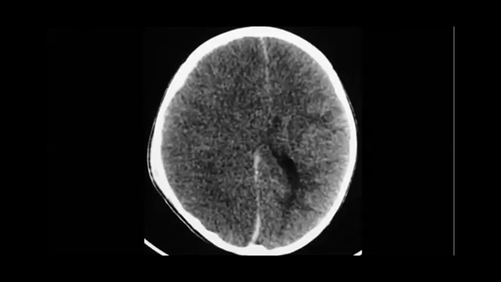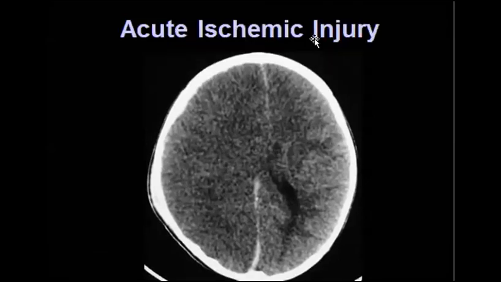So all these criteria can indicate ischemia, and maybe you can also see subarachnoid effacement. So it could be subarachnoid hemorrhage as well, right? Finally, your description will include all this. Then you can suggest something like acute ischemic injury.